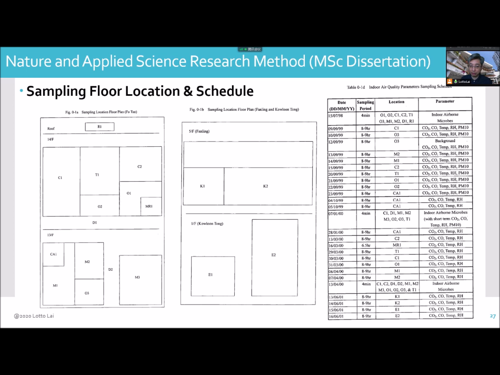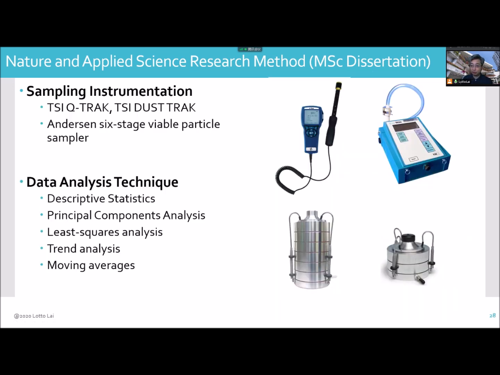Inside each location there was a small separation of four sampling points and a period of sampling time. For instrumentation, we used a handheld indoor air quality meter, but the more difficult one was the Anderson 6-stage cascade impactor to find the different size distribution of indoor air microbes.